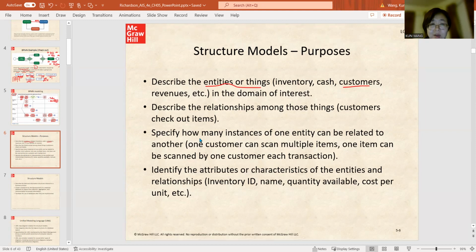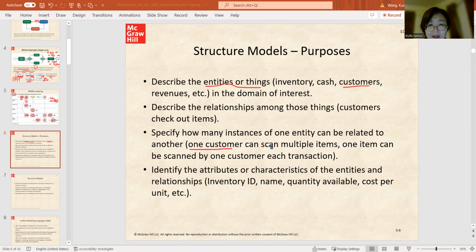Then they call it multiplicities, meaning the instances of one entity related to the other entity, like the instances between different tables. For example, I have the customer table and the sales order, or just the checkout procedure.